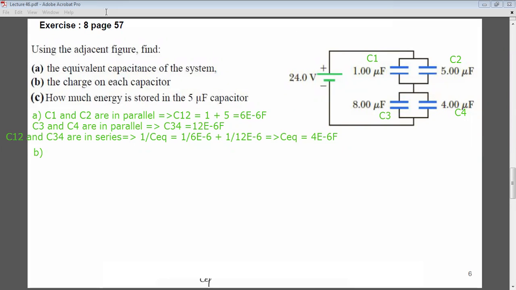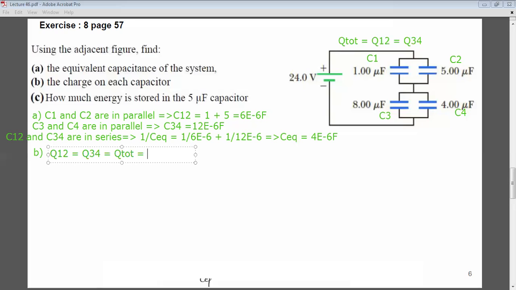So we have Q across the whole circuit is equal to Q12 is equal to Q34, right? Because they are in series. So we start by that. I have Q12 equal Q34 equal Q total.